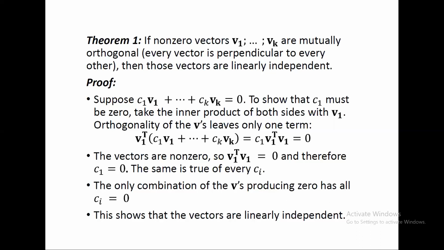Again, v2^T v2 is a non-zero quantity, and therefore c2 should be 0. So each of the ci's is equal to 0. The only combination that produces 0 has all ci's equal to 0. This shows that the vectors are linearly independent.